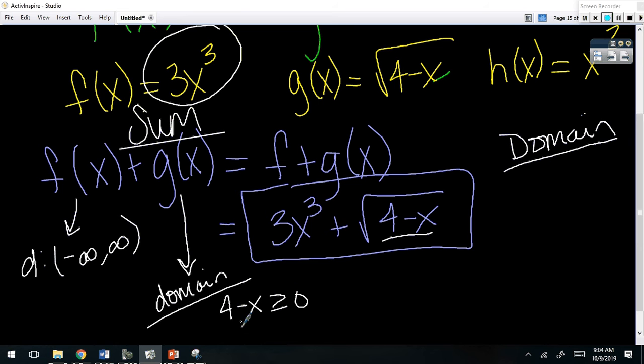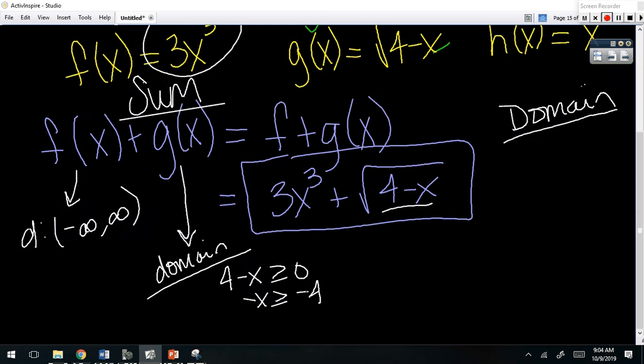So subtract 4 and divide by negative 1. What happens when you divide an inequality by a negative number? Flip the sign. So what is the domain of the square root of 4 minus x?